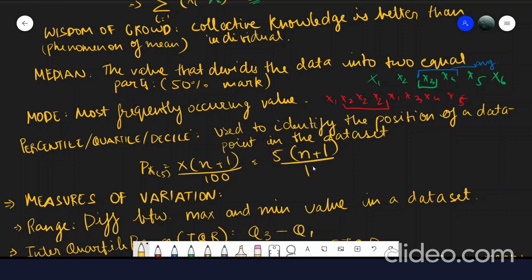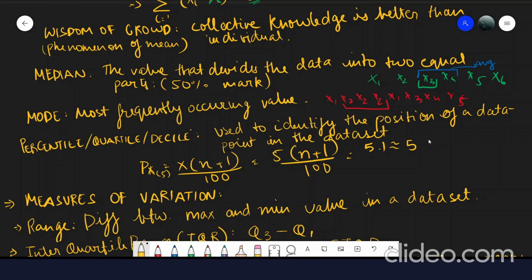Whatever value you get here, rounded down to its lower value, will be the value that gives you the percentile. So suppose I get something like 5.1 over here. Rounded down, this is 5, which means that the 5th data point in our data set is the 5th percentile, okay?